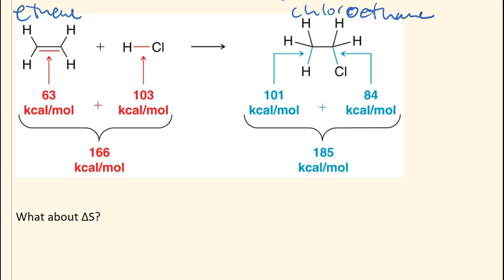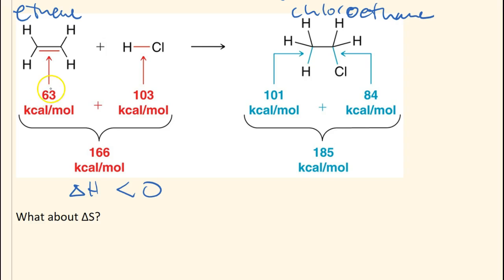So for the delta H piece, the bonds are stronger in the products, right? That means delta H is negative. And this is really because the pi bond is weaker than the C to Cl sigma bond that is formed.